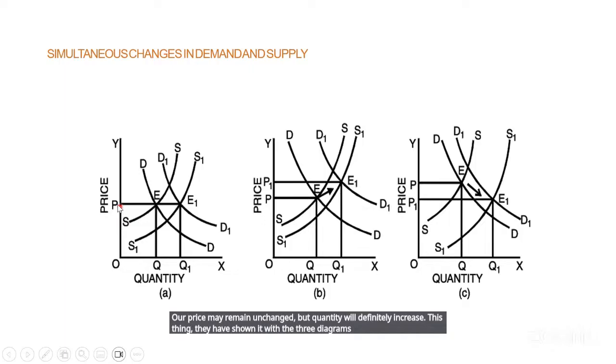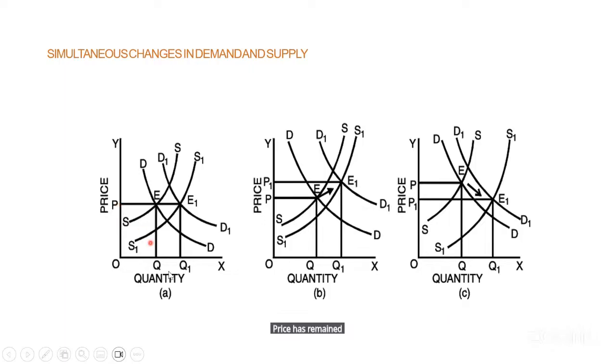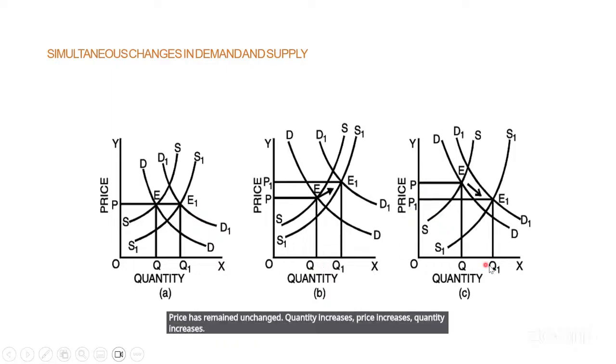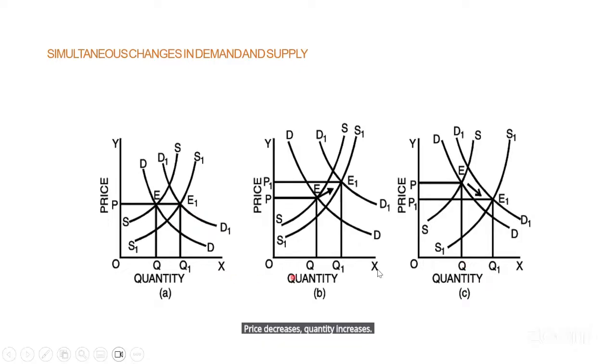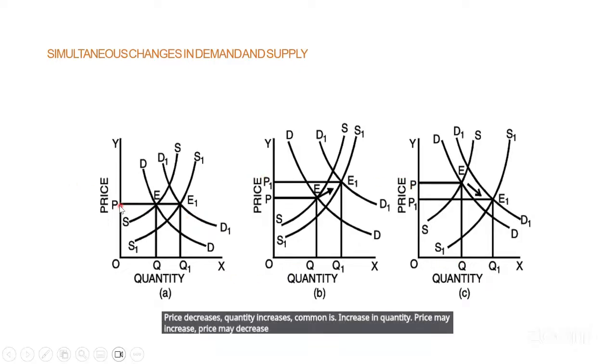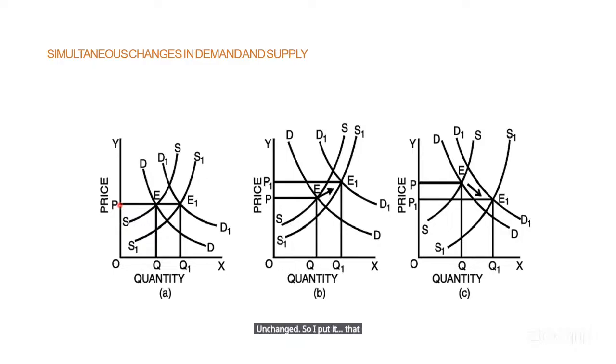In one, price has remained unchanged and quantity increases; in another, price increases and quantity increases; in another, price decreases and quantity increases. Common is the increase in quantity. I put it in one single sentence. The same thing is shown in 3 different diagrams. Clear?